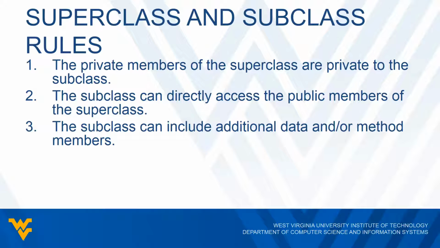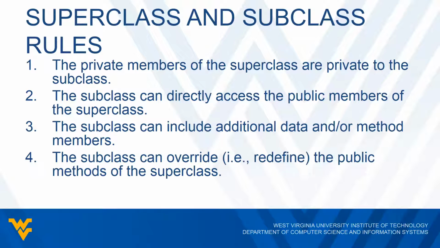So a subclass is not limited to just whatever the superclass had. It can create its own variables, it can create its own methods. In fact, we normally do this whenever we inherit from a superclass, that we add additional variables and additional methods on top of it.